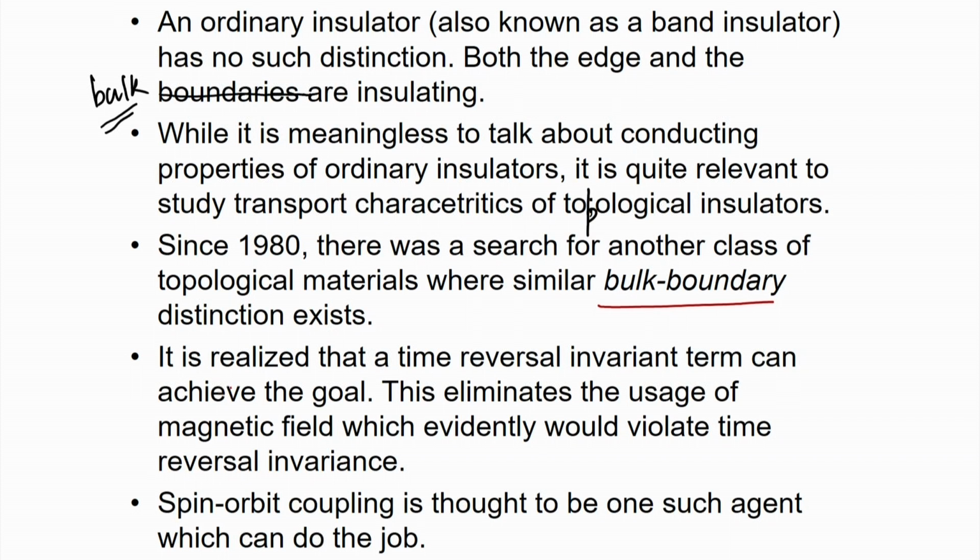So, it is realized that a time reversal invariant term can achieve the goal. So, you have to get a time reversal invariant Hamiltonian, and this immediately eliminates the usage of the magnetic field, which evidently would have violated the time reversal invariance. So, in summary, what we need is another class of topological insulators.